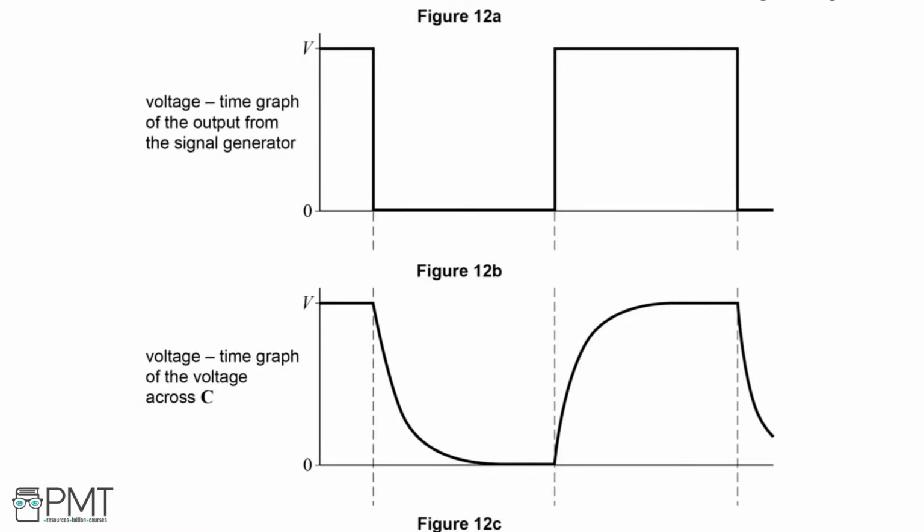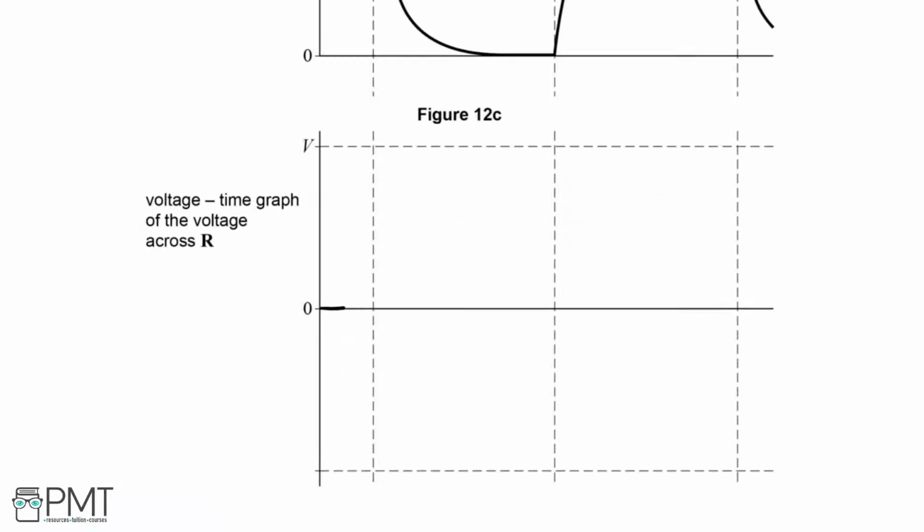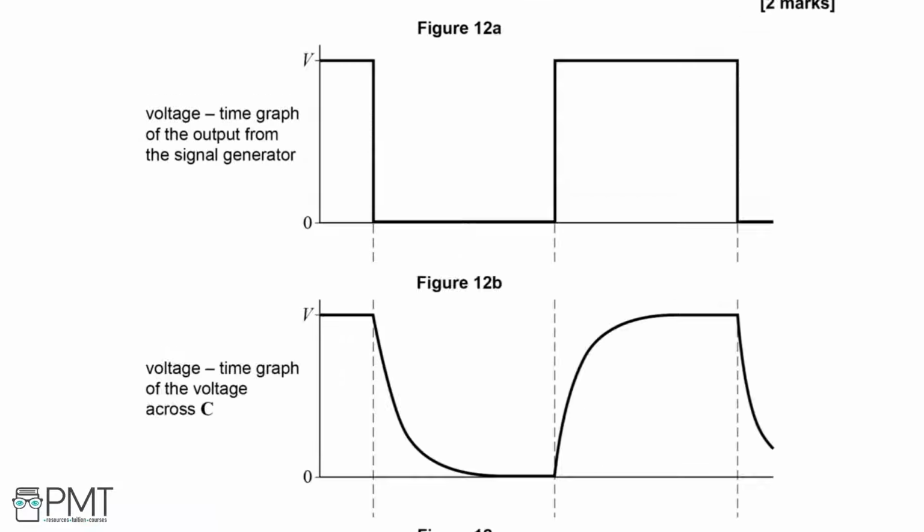So to start with, the graph in figure 12c will be at 0 because the potential difference across the signal generator is positive V, and the potential difference across the capacitor is V, but it's in the other direction. What then happens is that the signal generator immediately drops to 0 but the capacitor is on a delay and doesn't return to 0 as quickly.